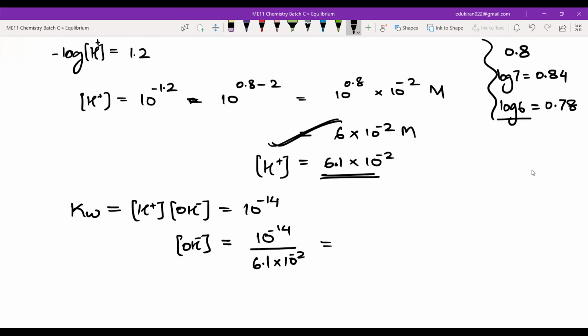Then you can calculate the concentration of OH negative also. So this is also one very important constant, Kw, from which you can calculate the concentration of H plus if OH minus is given, and the concentration of OH minus if H plus has been given. So write this down, then we will move on to acid-base equilibria and the ionization of acids and bases.